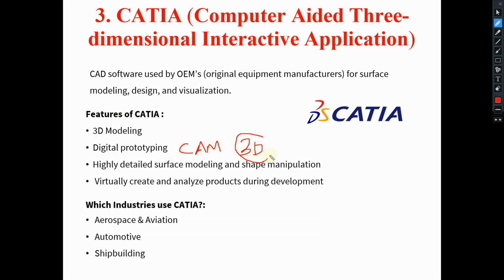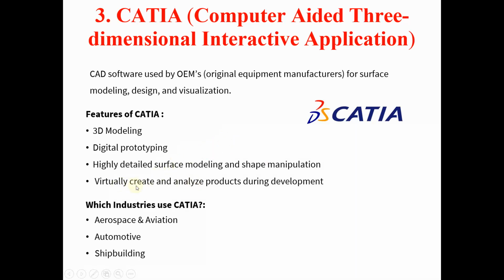After we produce the model, we can directly export this file into a 3D printing machine so that it can perform the 3D printing operation, or it can be given to a CNC machine for doing CAM operations, computer aided manufacturing.